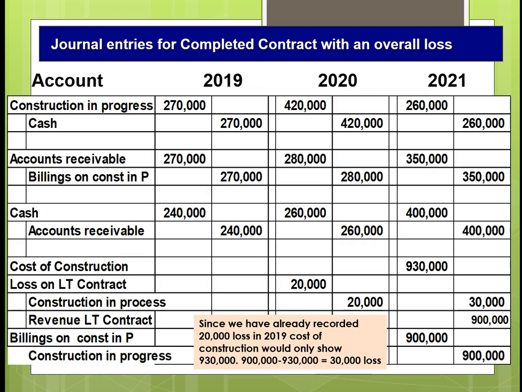So that's how we get it. Okay, I just had to fix that since we have already recorded $20,000 loss. It's in 2020, not in 2019. For the construction, we would show only a $30,000 loss in 2021.